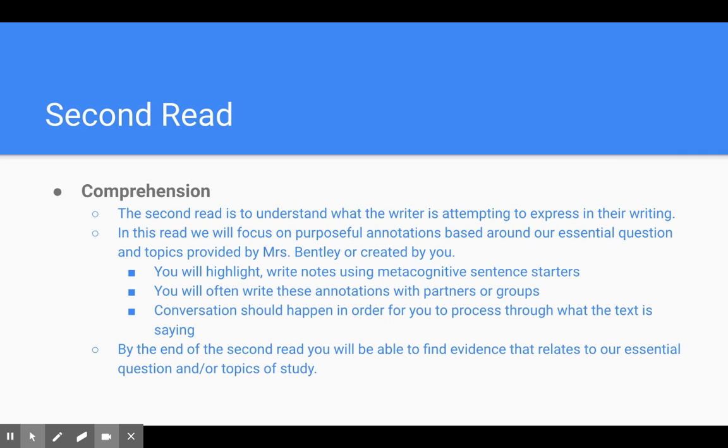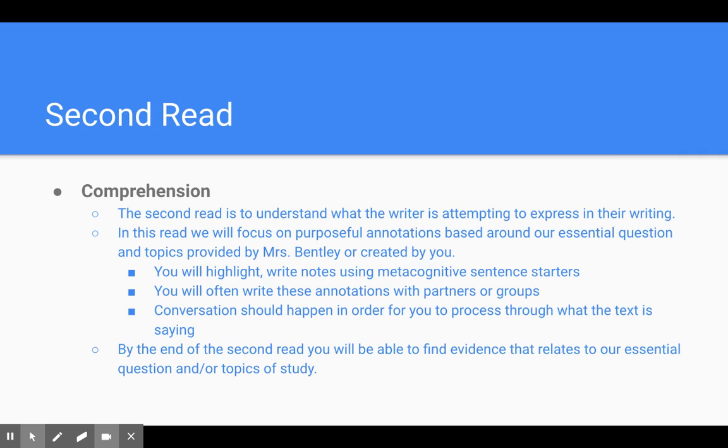You'll write these annotations oftentimes with partners or groups because I want a conversation to happen for you to process through this text. It's really important for you to hear other people's points of view, for you to collaborate and get other information that maybe you hadn't thought of. So the conversation around these annotations is actually very, very important to your comprehension.